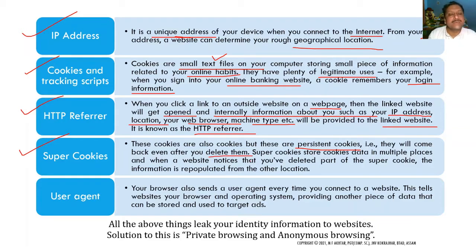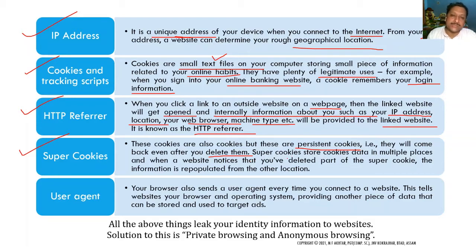Normal cookies can be deleted from our computer. There is an option: you can go to the settings of the browser, then cookies, and remove cookies. Then the websites which may track you will not be able to track you again. But super cookies are persistent cookies and they will come back even after you delete them.